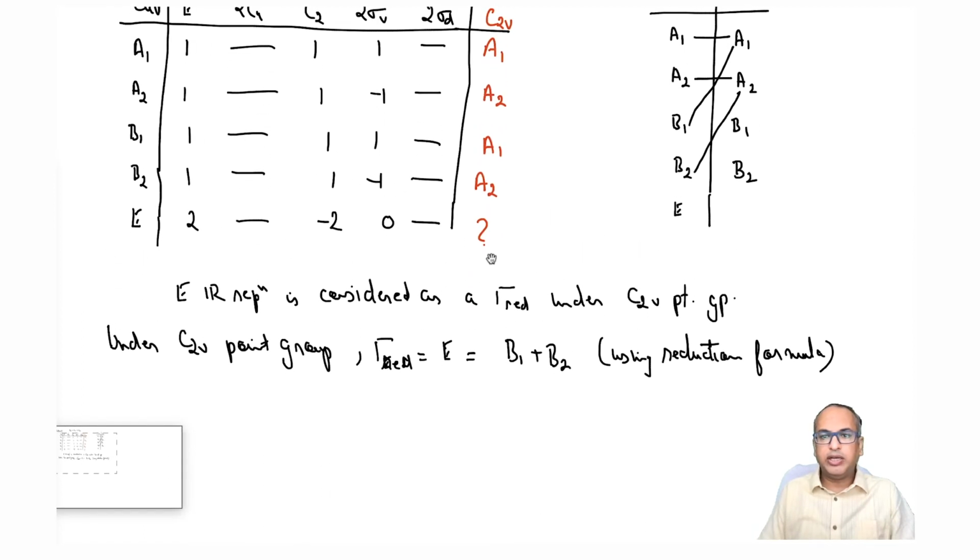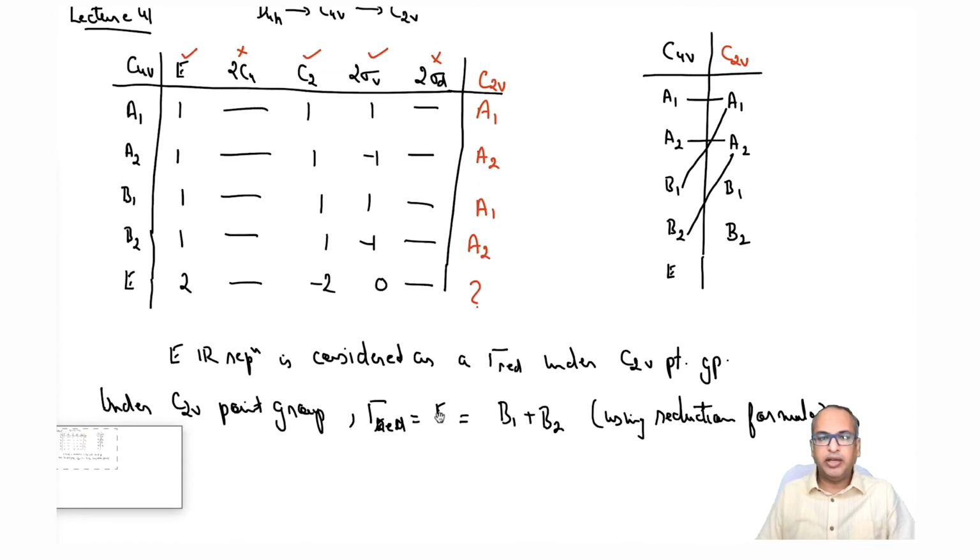Okay, so using the reduction formula, we know that E under C4V point group can be reduced to B1 plus B2. So that means now I can say that my E is correlated with B1 and B2.